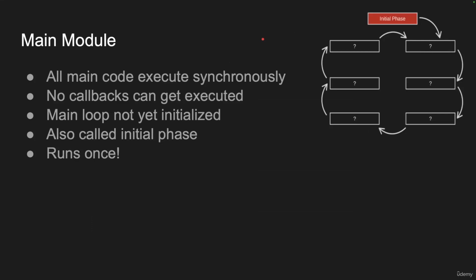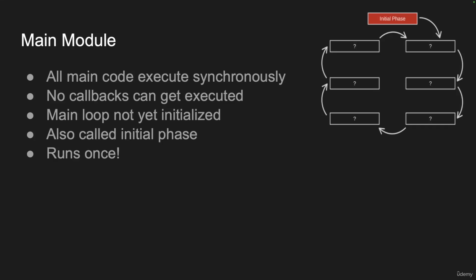So all main code executes synchronously. The main module, or the initial phase, executes synchronously, i.e. one after the other. We don't schedule a callback and execute it within the initial phase. If we are registering a callback, it's gonna run in the next phases.